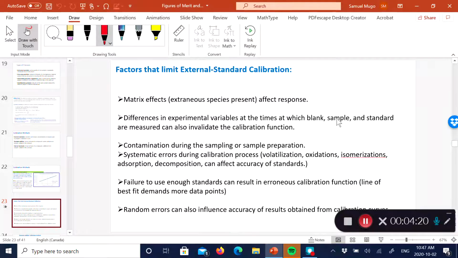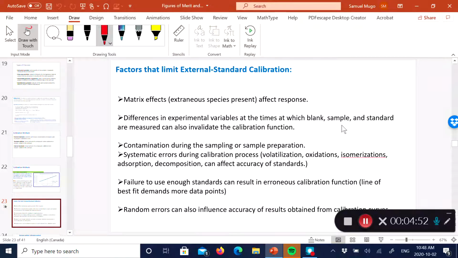But instruments fluctuate, they are always in a drift. They can drift based on the temperature in the room. They can drift based on the electrical environment that they are in. And so it's not a very good assumption that the conditions of the instrument are exactly the same when you're analyzing the standard separately from the sample.